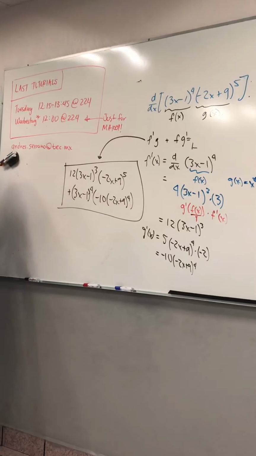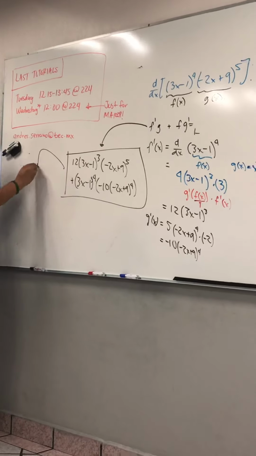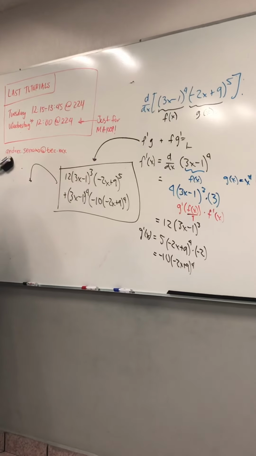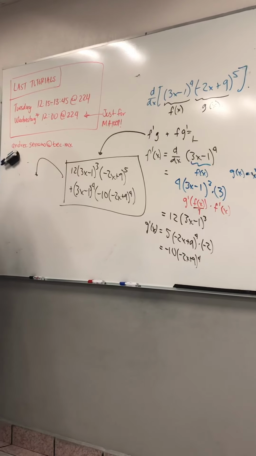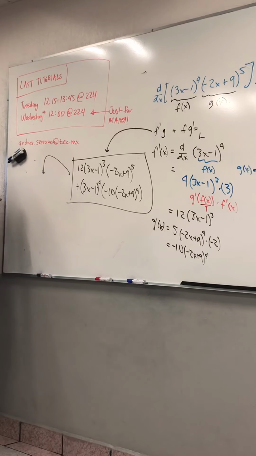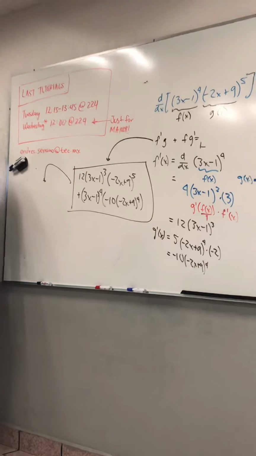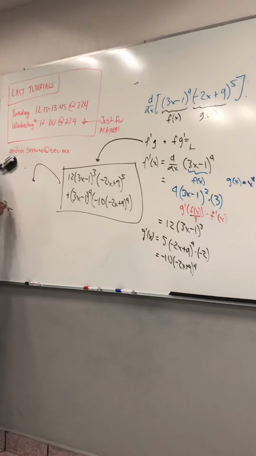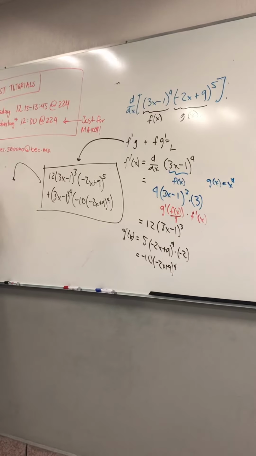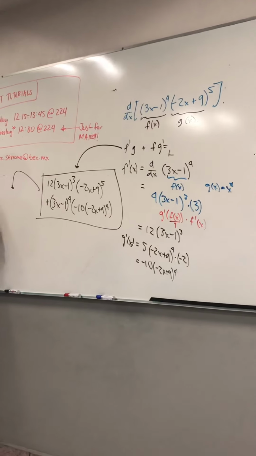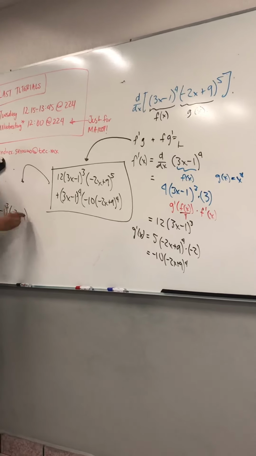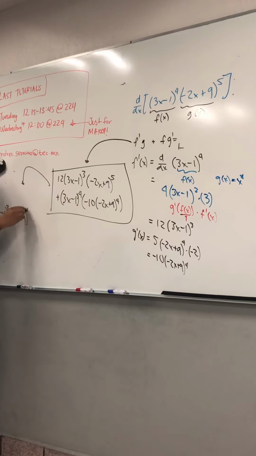Can I factorize anything in there, guys? I think I can factorize (3x minus 1) to the power 3, right? Which is in common for the two terms, and (minus 2x plus 9) to the power 4, right?